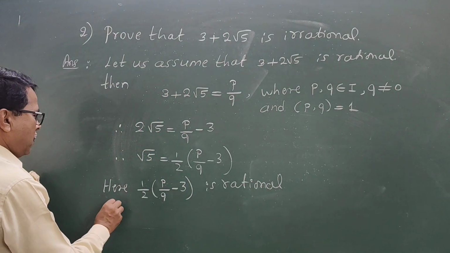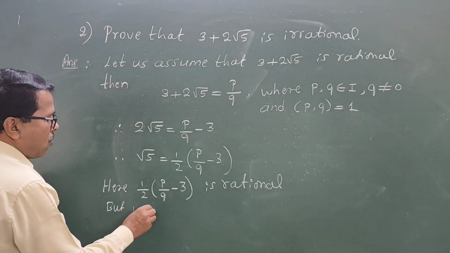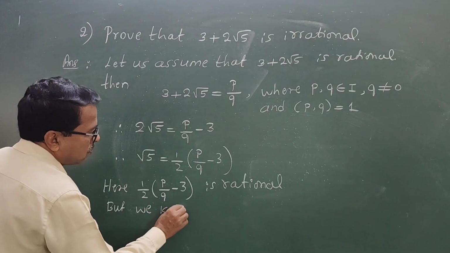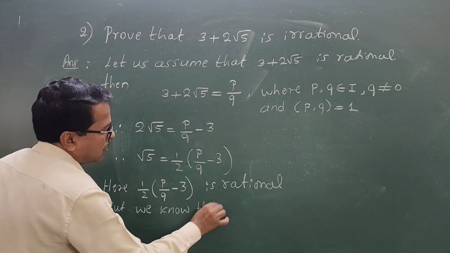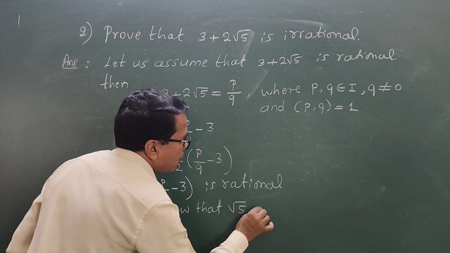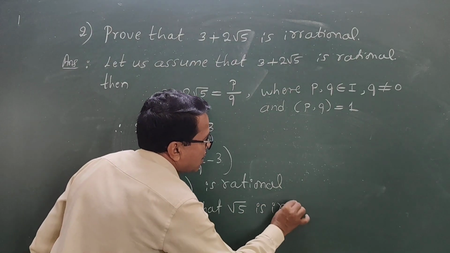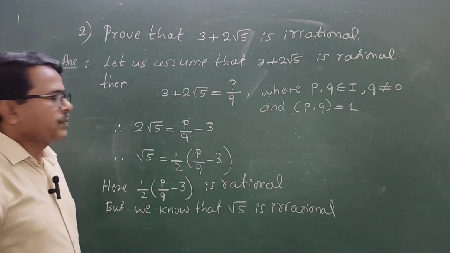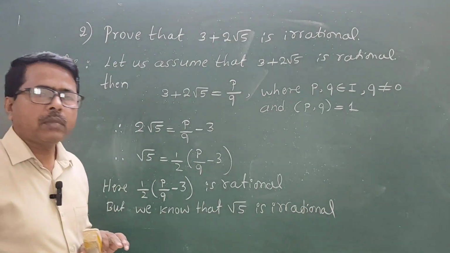But we know that square root of 5 is irrational. Why? Because 5 is not a perfect square number.